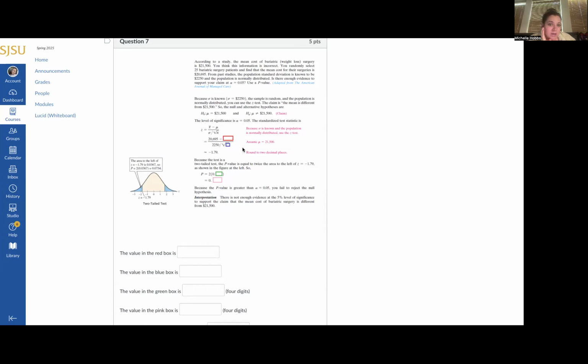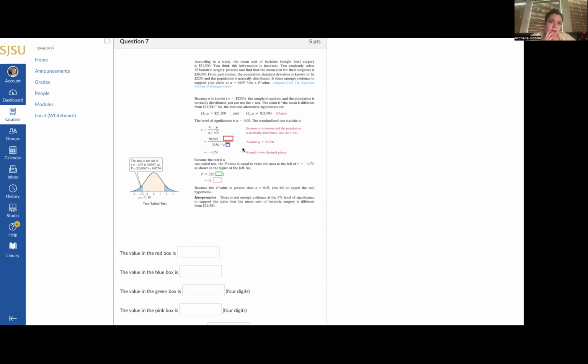According to a study, the mean cost of bariatric weight loss surgery is $21,500. You think this information is incorrect.